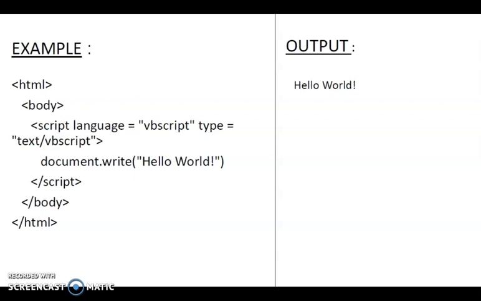The document.write command is a standard VB script command for writing output to a page. By entering the document.write command between the script tags, the browser will recognize it as a VB script command and execute the line of code. In this case, the browser will write Hello World to the page. You can see the output of your program is Hello World. This is all about how to insert a script into your HTML code.